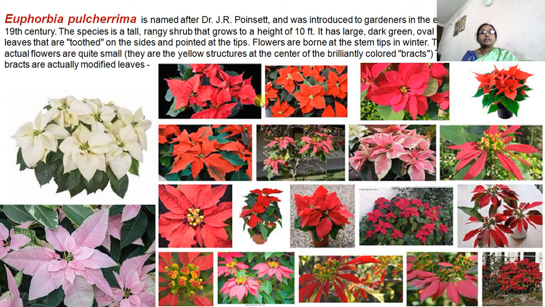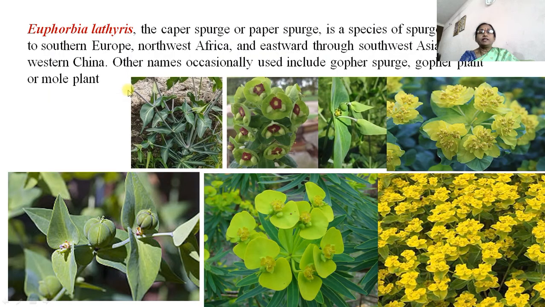Then Euphorbia pulcherrima. There are a number of species of this plant, and they show different colors of leaves. Due to the different and shaded colored leaves, these plants are grown in the garden as ornamental plants. Then Euphorbia lathyris.